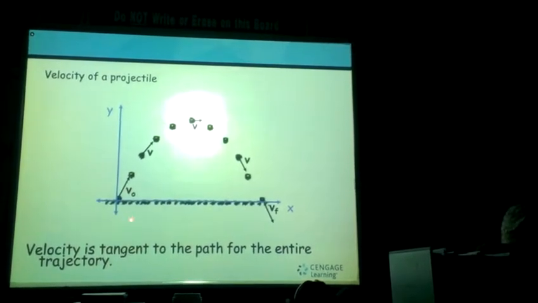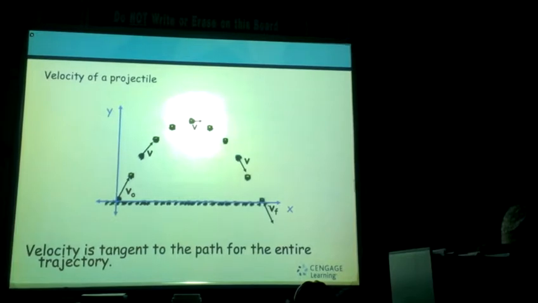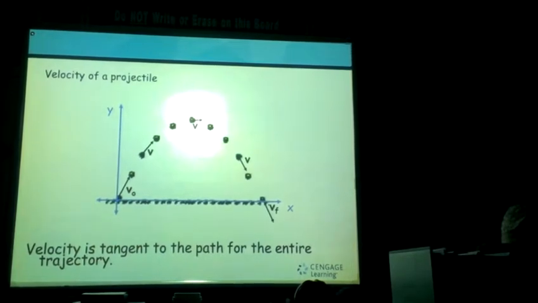I'm starting off here, and you can see that I've designated an axis in the blue or purple, I guess, on your screen. I made my origin right where that particular object is about to start off on its projectile motion.